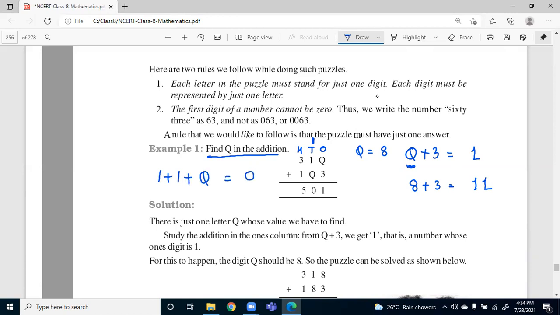If Q is 8, then it is 10. So I get 0 and a carry of 1. I will check it at 100's place also. 1 plus 3 plus 1 is equal to 5. So yes, it is 5. My assumption is absolutely correct. So what is the value of Q here? It is 8.